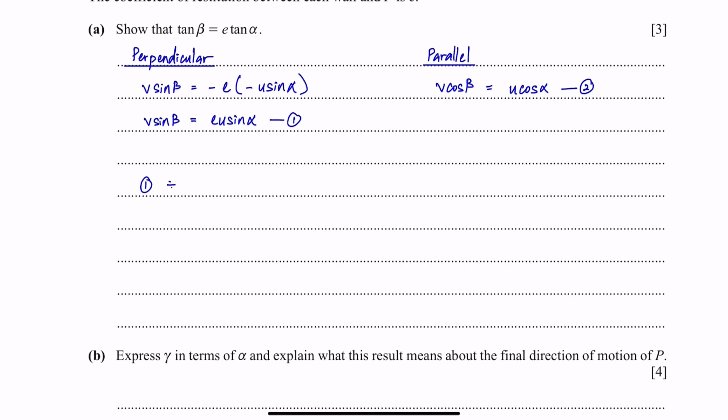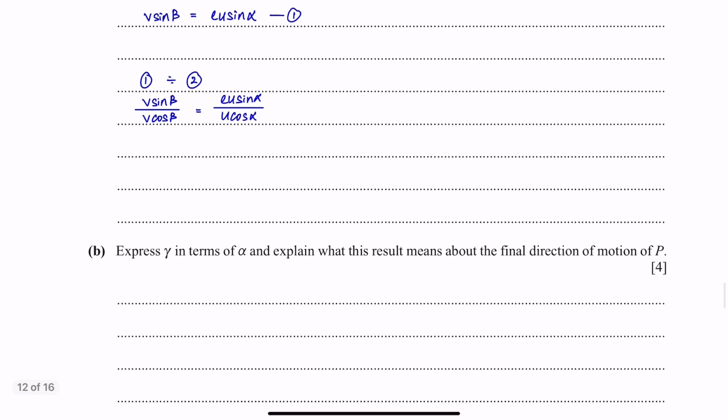So we can use the first equation divided by the second equation, and we would get v sin beta over v cos beta equals eu sin alpha over u cos alpha. And from this, we have sin beta over cos beta, and this would give us tan beta. So the right side, we would also get e times tan alpha. So this would be the equation that we get.